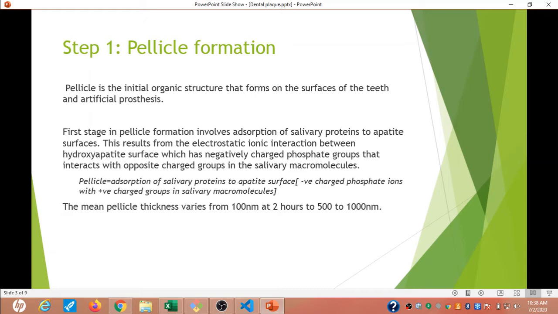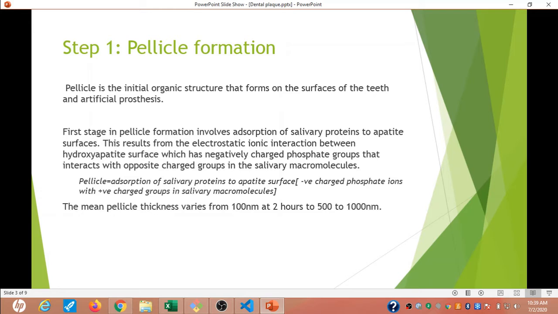This results from an electrostatic ionic interaction between hydroxyapatite, which has negatively charged phosphate groups, that interacts with oppositely charged groups in the salivary macromolecule. So negative charged phosphate ions in the apatite surface with positive charged groups in salivary macromolecule.